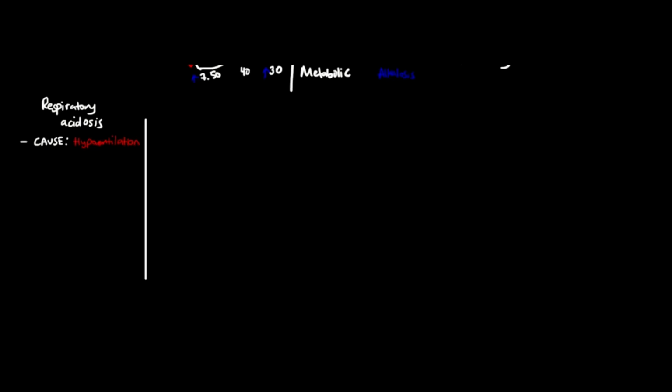So hypoventilation would look like being oversedated. It would look like having COPD or any other condition in which air is trapped and you have an increase in the level of carbon dioxide within your system.